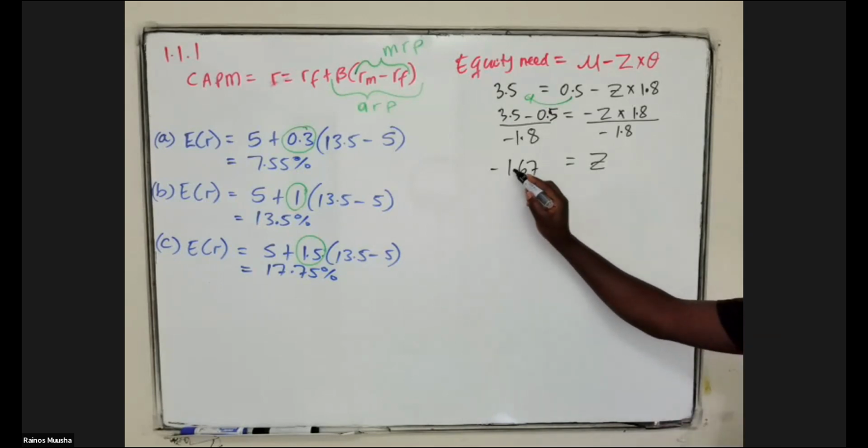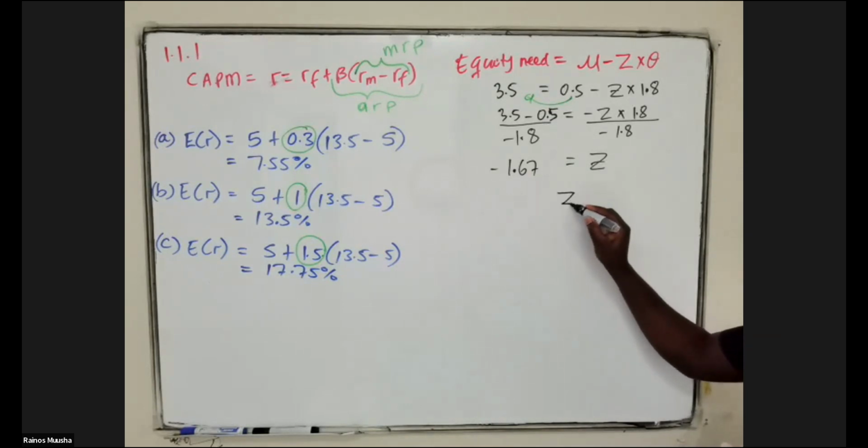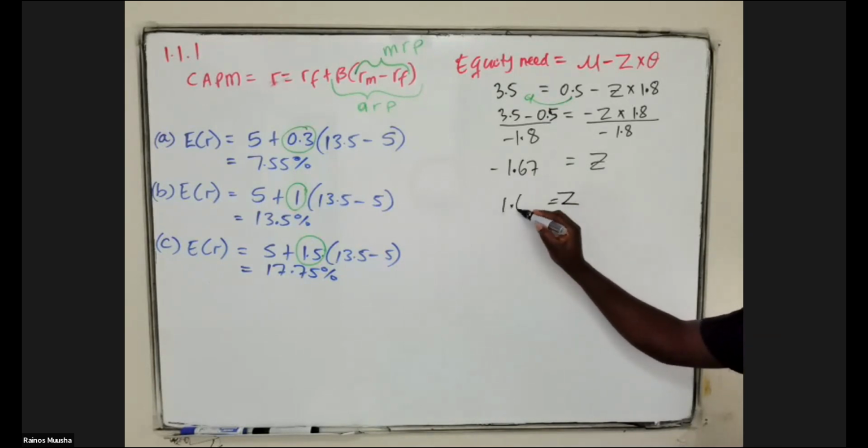Now, we are looking for the probability that the bank will have a positive equity at the end of the year. So in this case, Z is assumed to be a positive value.